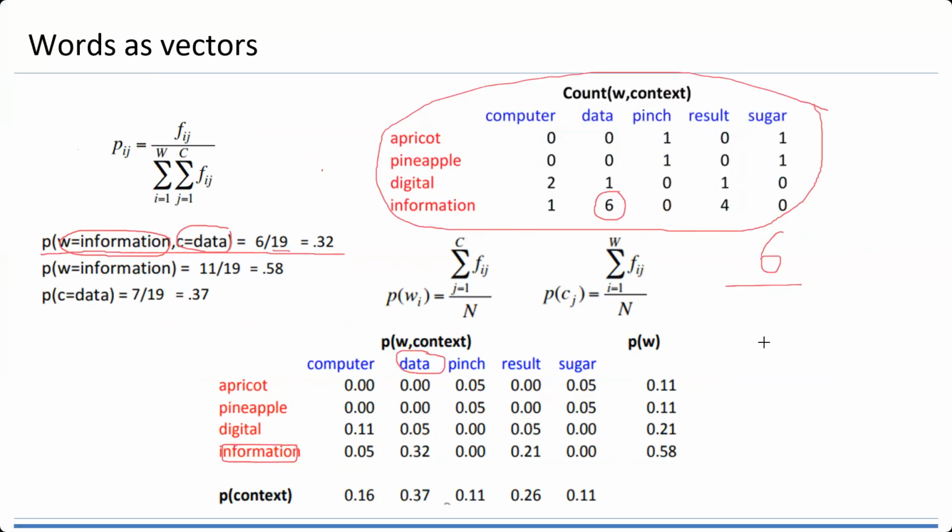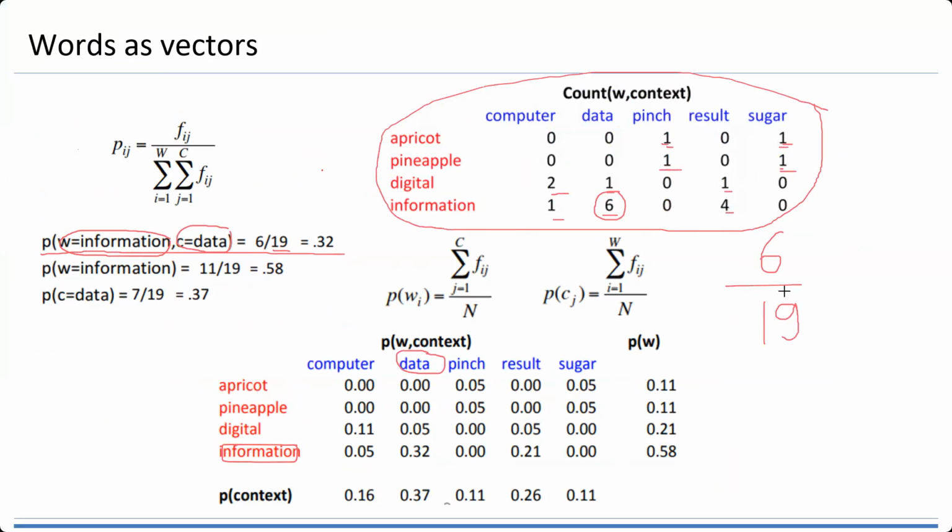What is 19? 19 is the number of words that we have in this matrix. So if you sum all those, 1 plus 1 plus 1 plus 1 plus 2 plus 1 plus 1 plus 1 plus 6 and plus 4, the total will be 19.